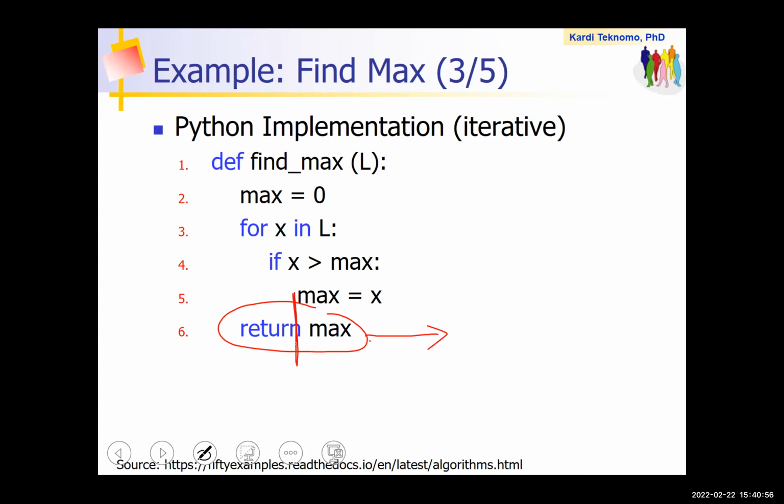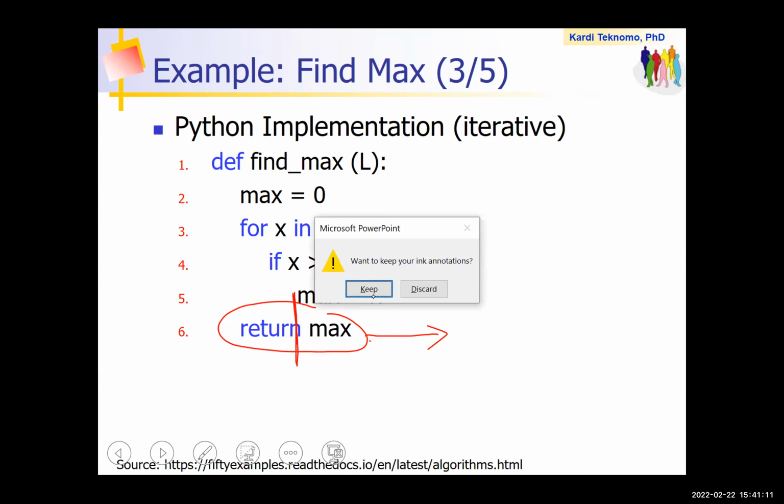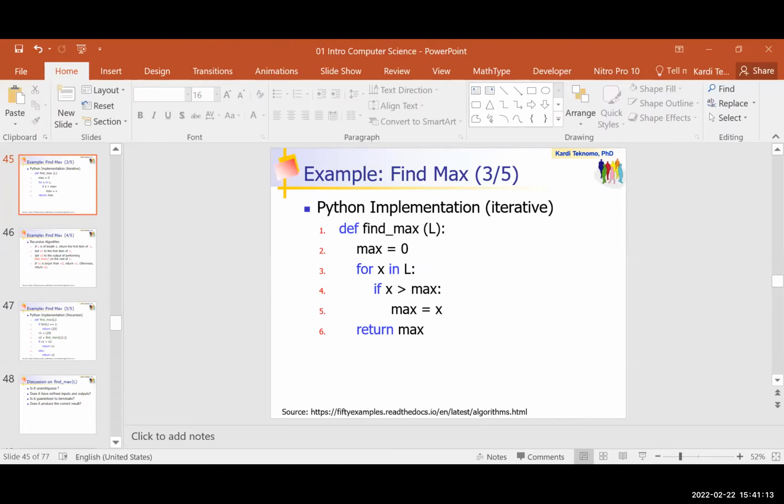That means if x is larger than max, max equal x, and then it will return max. That's why it doesn't work, right? So the question is, what is actually going on here?